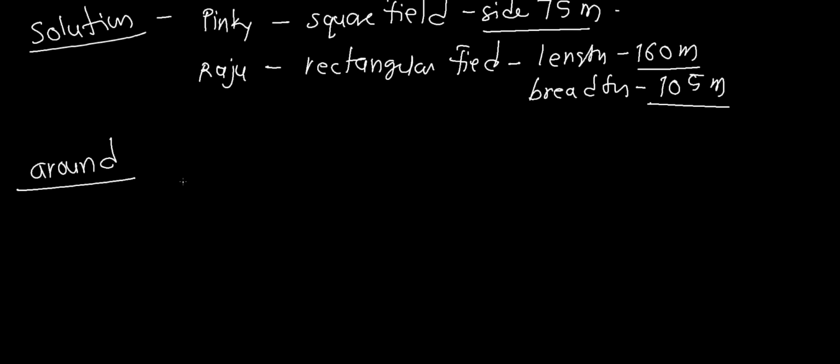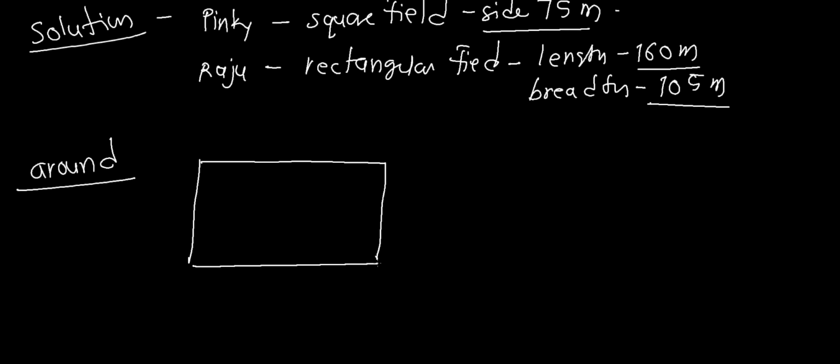This word is important. Let's say I have a field of this shape and I start from point S and take a cord or a wire with me. I move along this shape, around this shape, not going in between, and come back to where I started.